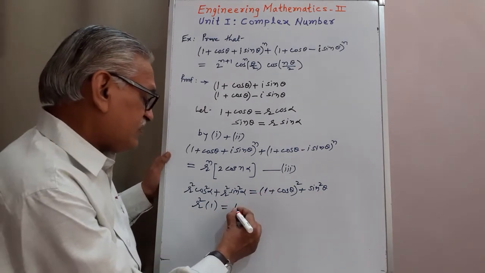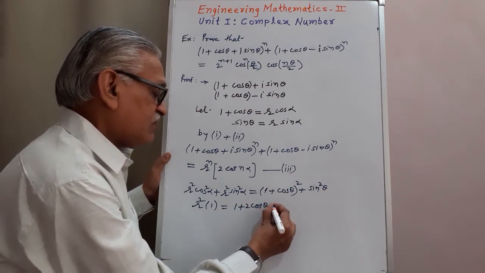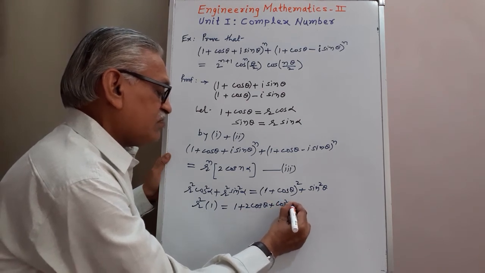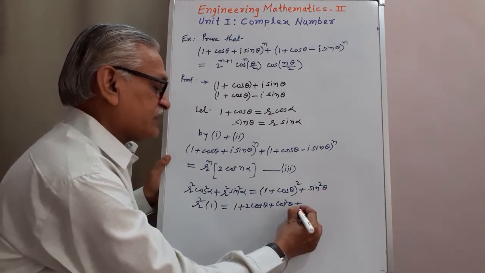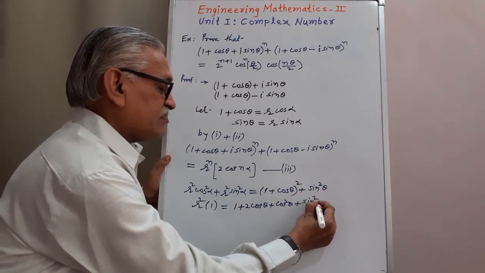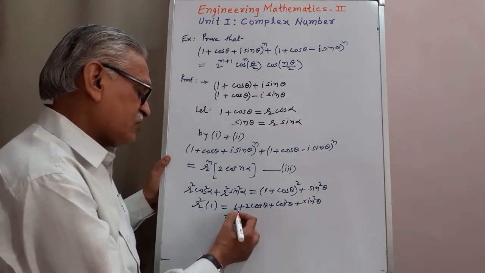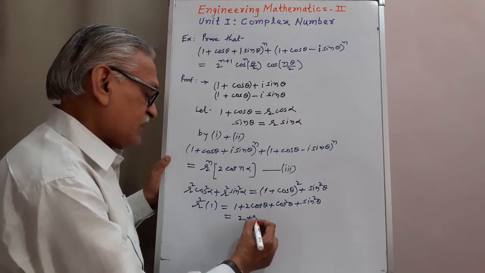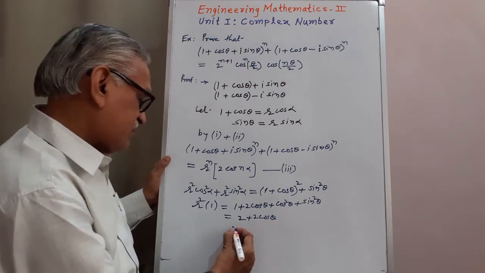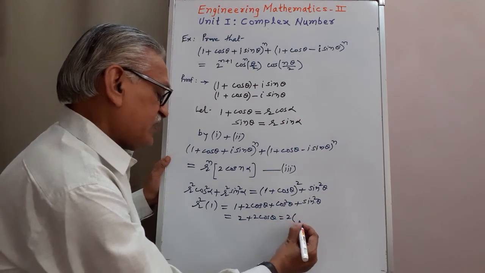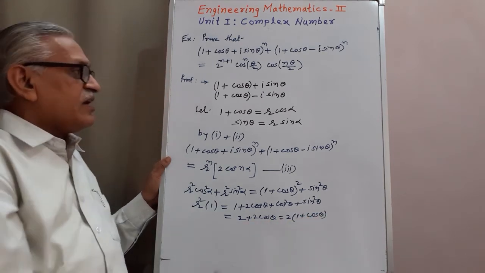Expanding, 1 + 2 cos θ + cos² θ, using the standard result (a + b)², plus sin² θ as it is. Since sin² + cos² is 1, we get 2 + 2 cos θ. Taking 2 common, 2(1 + cos θ).